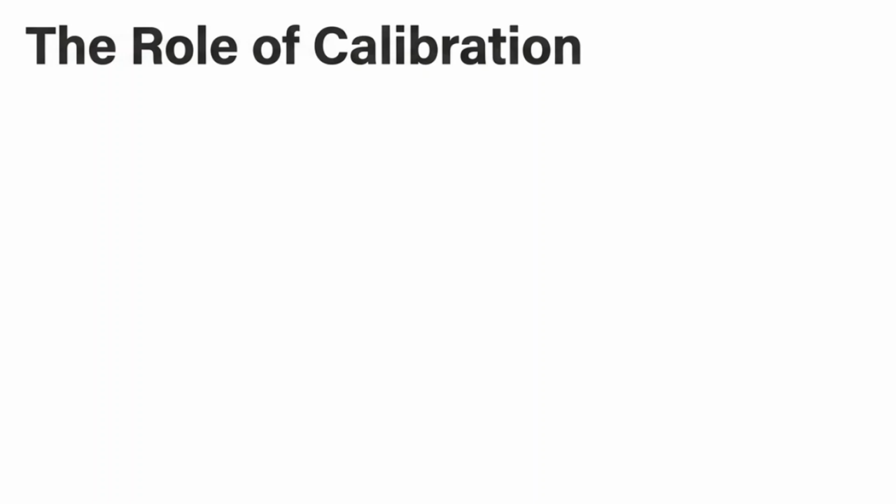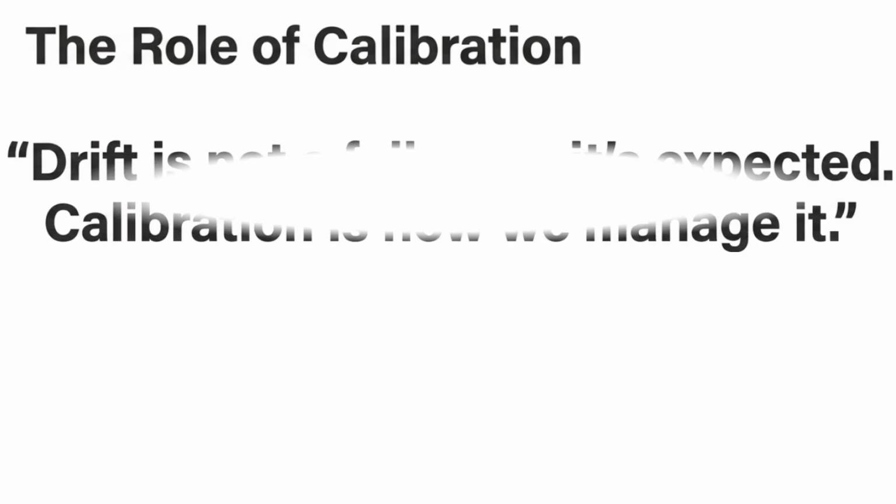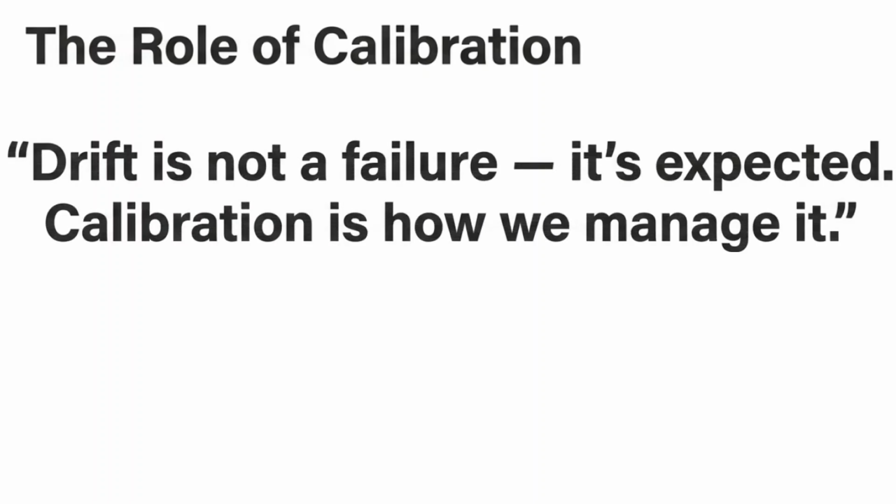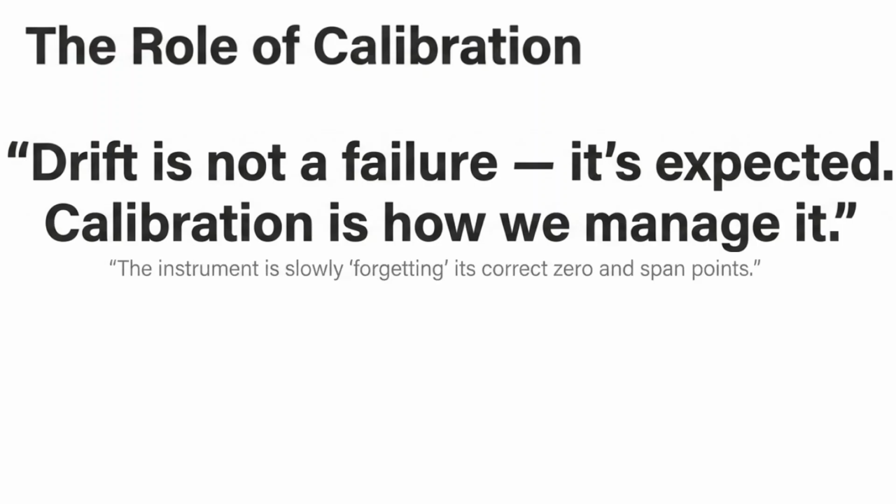Here's something I want you to hold on to from this lesson, and it's captured in that quote on your slide. Drift is why scheduled calibrations exist. It's not that we calibrate instruments because we expect them to break. It's because we know with certainty that over time, every instrument drifts to some degree.